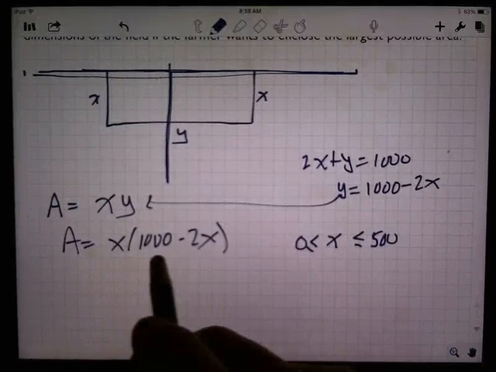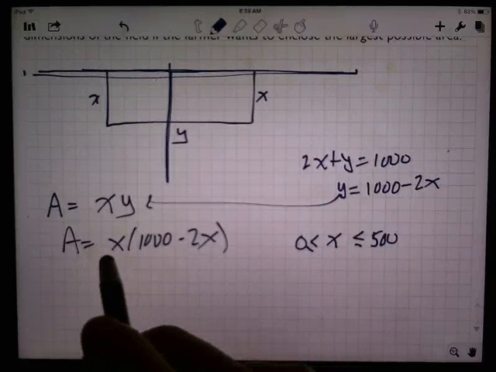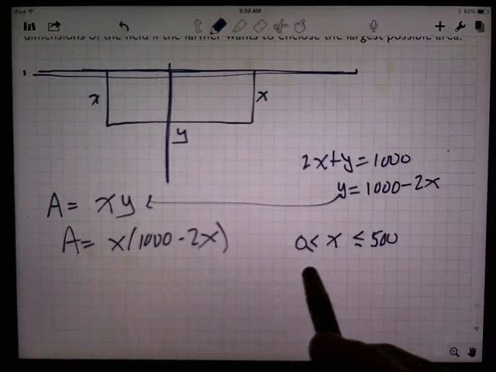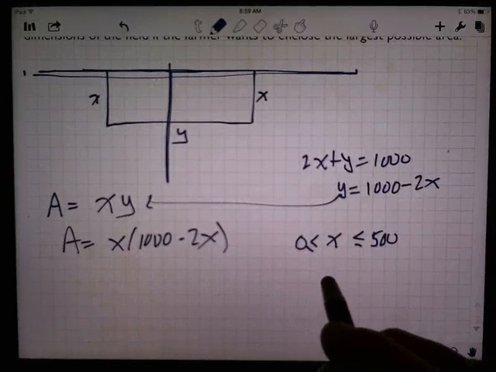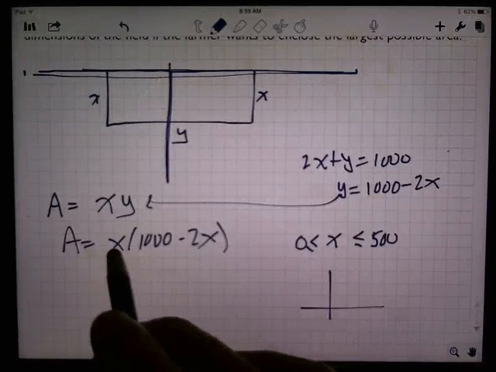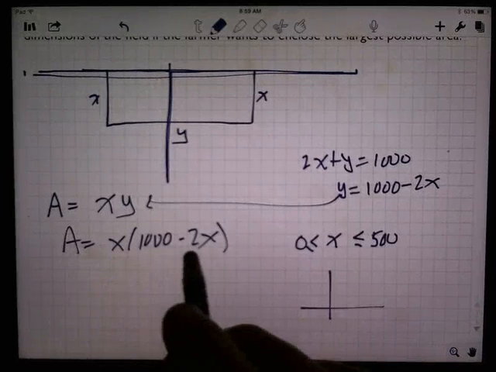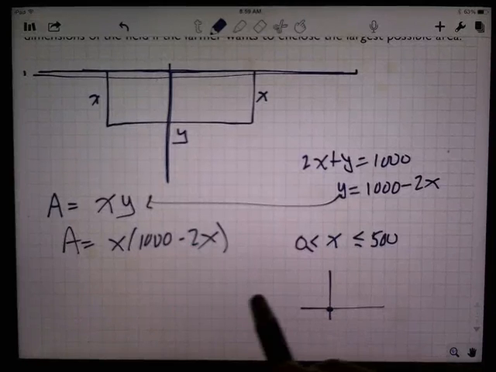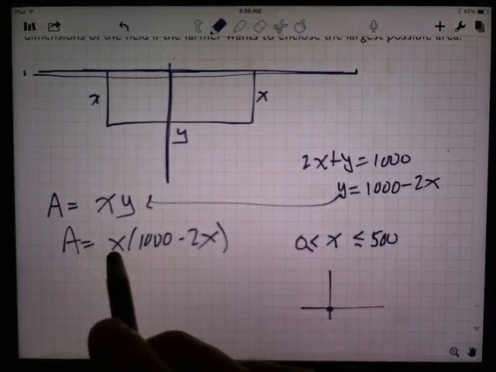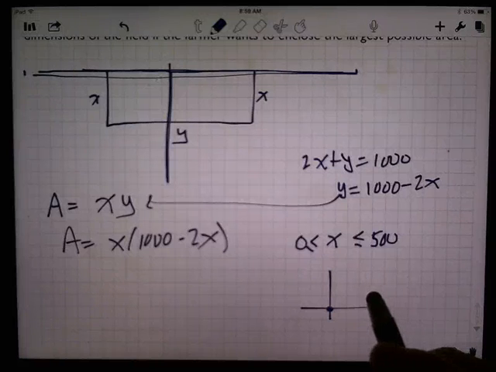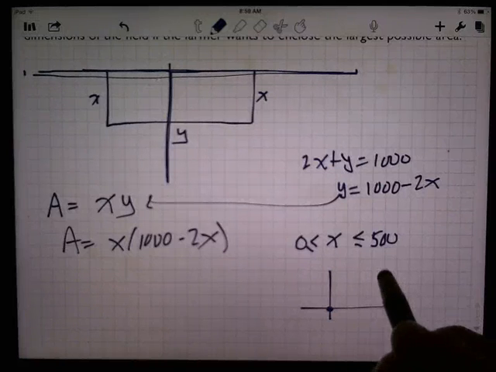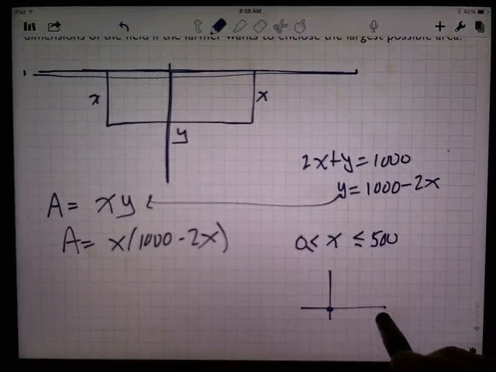Actually, if you think about this, this function is a parabola. In fact, I can probably do this without any calculus, because I can see that this is a quadratic function of x. I've already got it factored. So the first factor tells me there's a 0 at x equals 0, and the other one is out at 500. Oh, no kidding. At 500, we just established that.